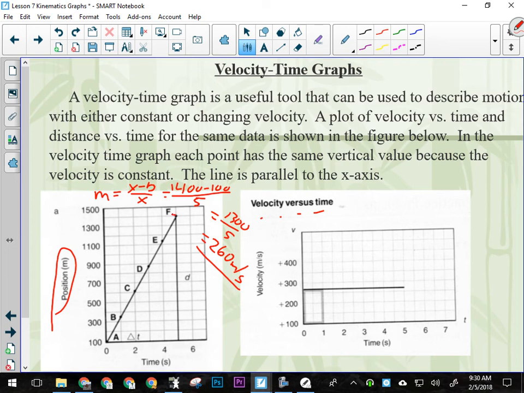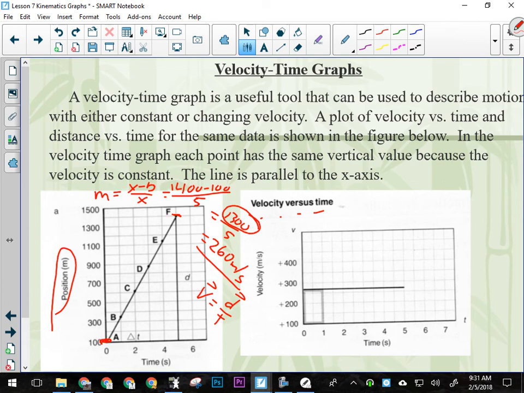I went final position, 1400, minus initial position, 100, and I got that the total displacement was 1300 meters. Could I calculate that from the velocity versus time graph as well? Really, this calculation here was just this, wasn't it?